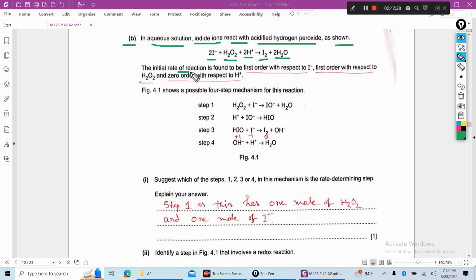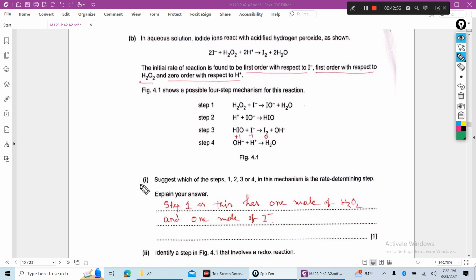The initial rate of reaction is found to be first order with respect to iodide ion, first order with respect to hydrogen peroxide, and zero order with respect to hydrogen ion. Now there are 4 steps: step 1, step 2, step 3, step 4.